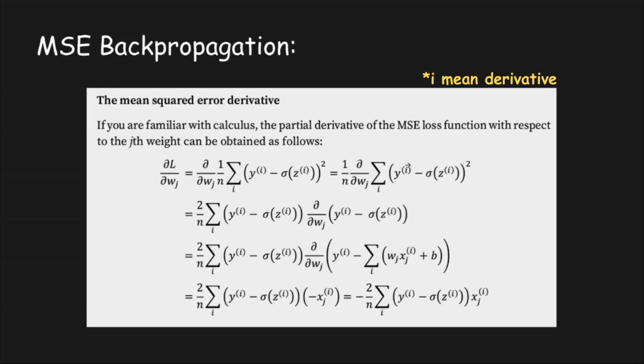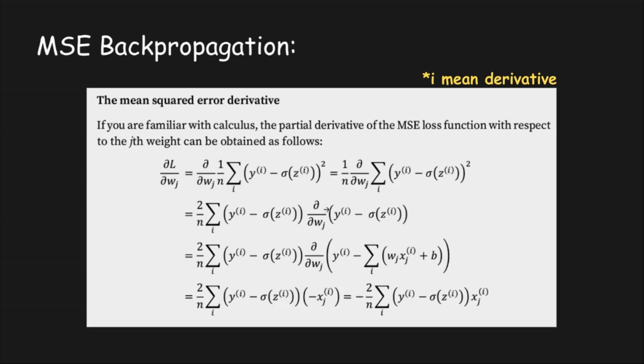This here is u, so find the derivative of u squared. You take out the summation as well, and the derivative of u squared will be 2u, so you write 2u here. Now what we have calculated here is dL by du.